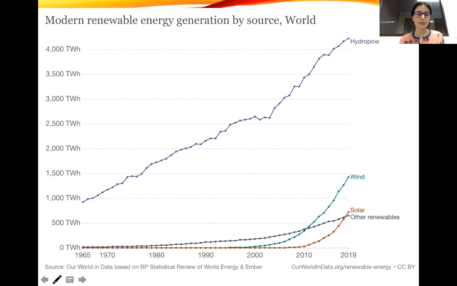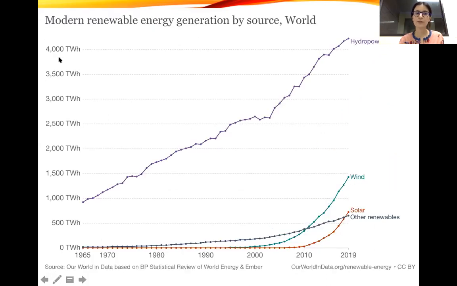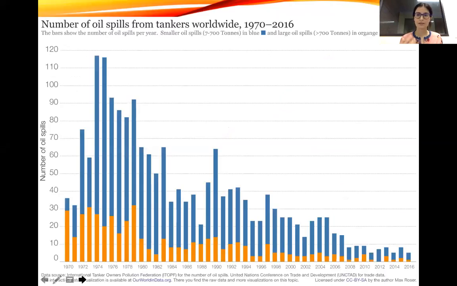And compared to that, now just compare the amount of fossil fuel that we're using to the amount of renewable fuels that we're using, which is hydro takes over because of some dams that have been built, but it's still nowhere near the fossil fuels that we're utilizing. So yes, the use of renewable resources in the form of wind, solar, and water potential is increasing, but it's still nowhere near the fossil fuel as the means to get our energy.